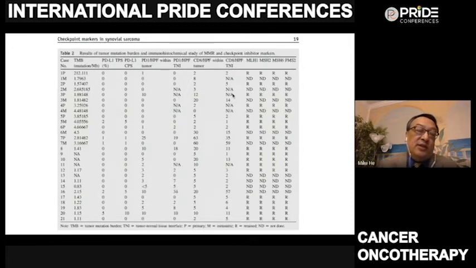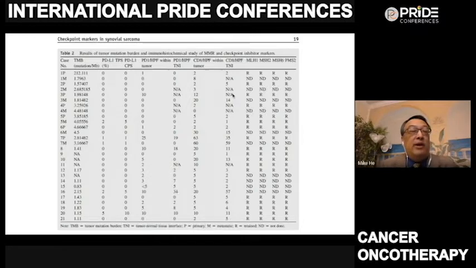So for the synovial sarcoma, we had about 21 cases. Here are our results of these different markers, including tumor mutation burden. You can see most of the tumor mutation burden actually had a range below 5, except one case, which has a very high tumor mutation burden, just like the adult tumor, with a range of 200.